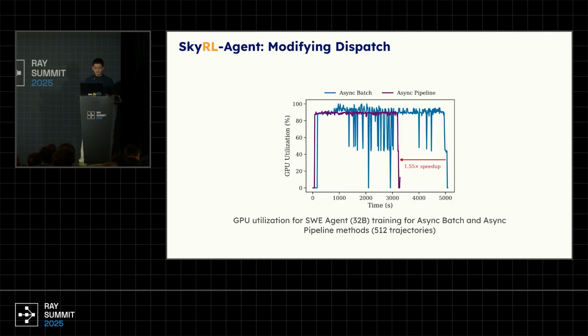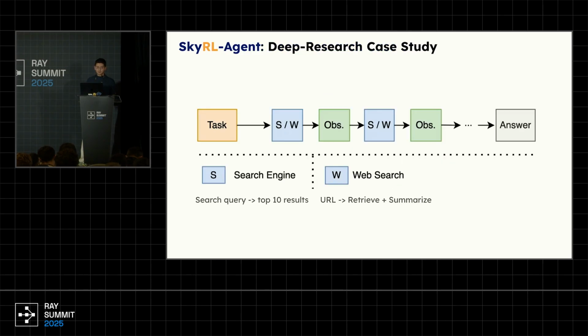So I've got a plot here comparing the async pipeline method and the async batch method for a SWE task. Even at small scale, training a 32B model with 512 trajectories and 2 nodes, we're seeing a 1.5x speedup, and this is going to be even better for a larger scale training run.